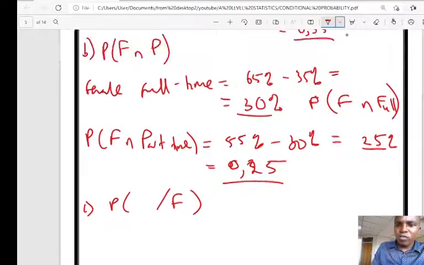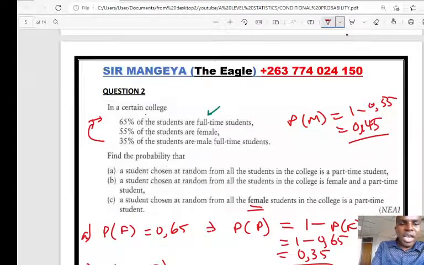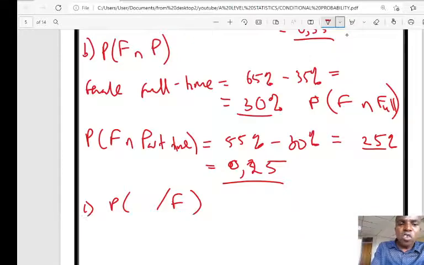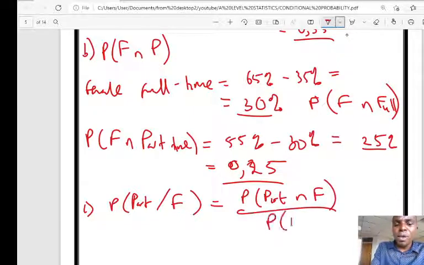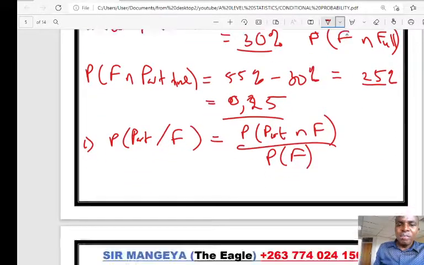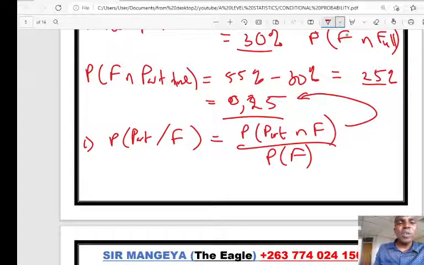So it's the probability of choosing what? A student chosen at random from all the female students in the college is a part-time student. So the probability of part-time, given that we are taking from females, is equal to the probability of part-time intersection females over the probability of females. Part-time intersection female, you have already found it here, is 0.25.